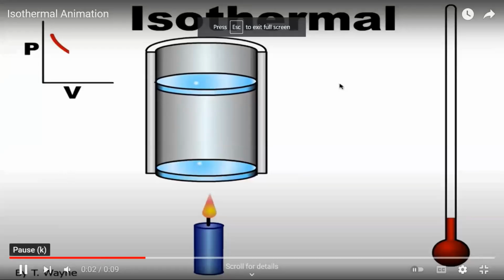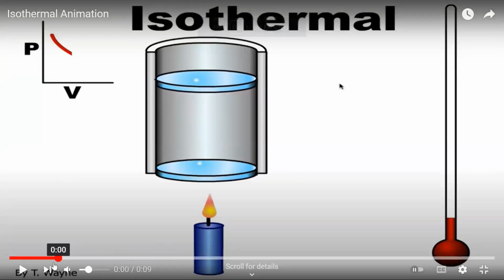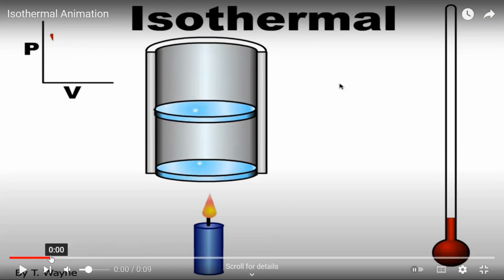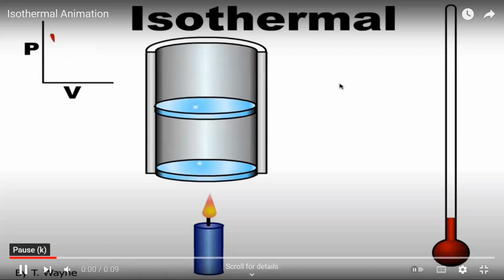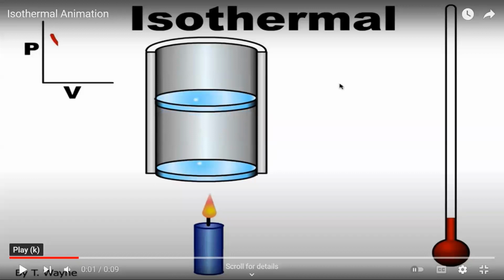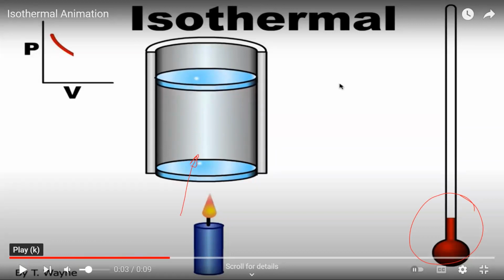This is another example of an isothermal process. For example, here, as you can see, we are providing heat, but the temperature scale is always constant and doesn't rise. If you look at the thermometer, there is no increase in the temperature. To maintain this, we provide heat, but we also keep cooling from this side. We have heat in and heat out.